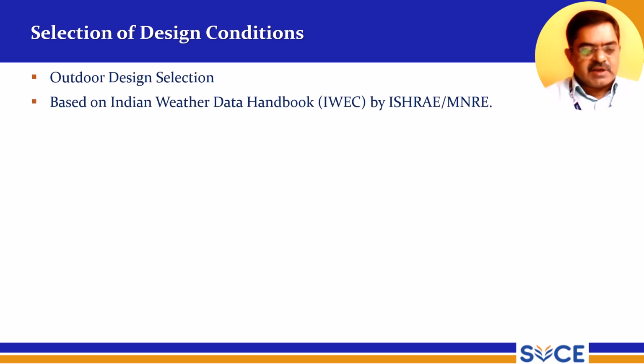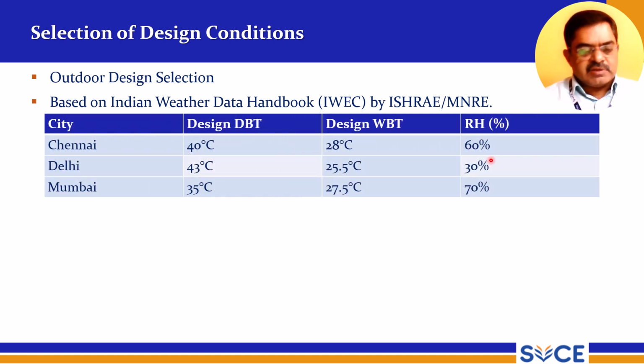Selection of design conditions: outdoor design selection is based on the Indian Weather Data Handbook, IWEC, by ASHRAE and MNRE. This gives the climatic conditions. In Chennai, dry bulb temperature is 40 degrees Celsius, wet bulb temperature is 28 degrees Celsius, and RH is 60 percent. Mumbai and Chennai, being seashore cities, have more humidity.